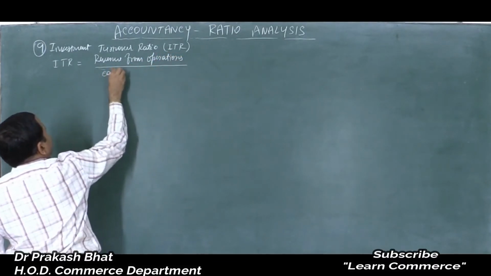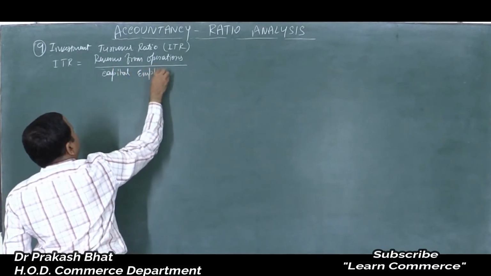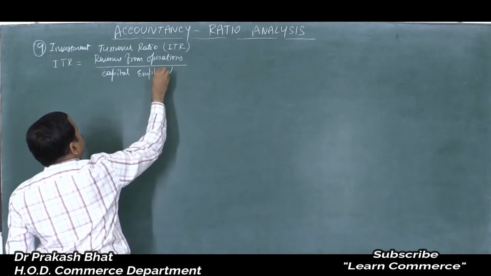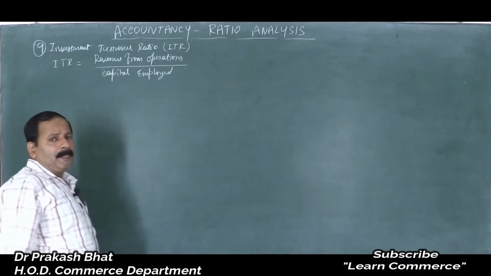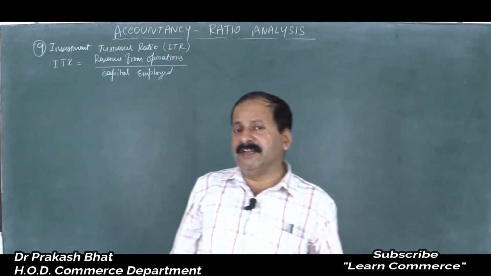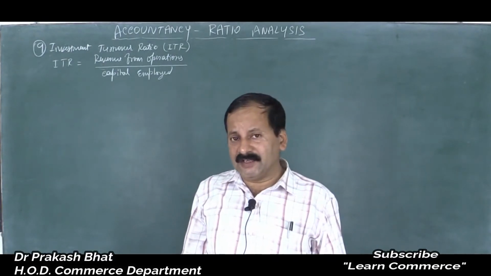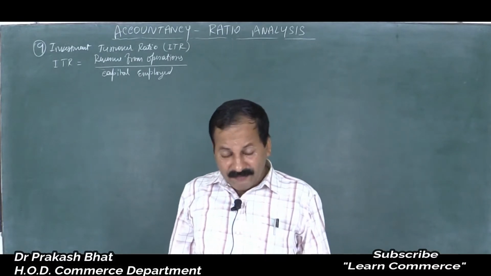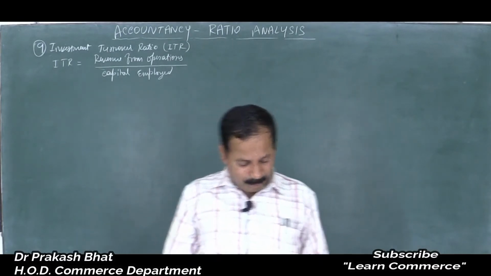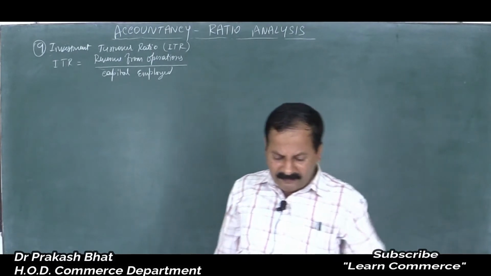What do we mean by capital employed? We have already dealt with this, isn't it? Capital employed is shareholders funds plus long term borrowings, non-current liabilities. Together we call it capital employed, or we call it net assets. Here is it given in the problem?